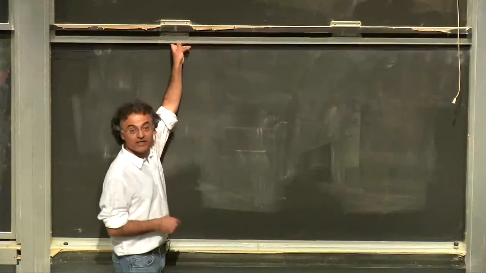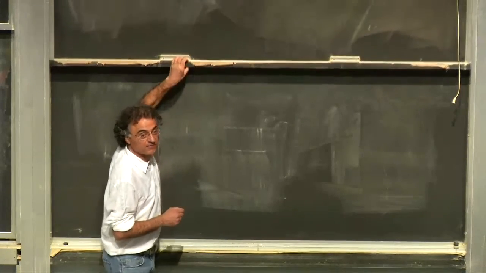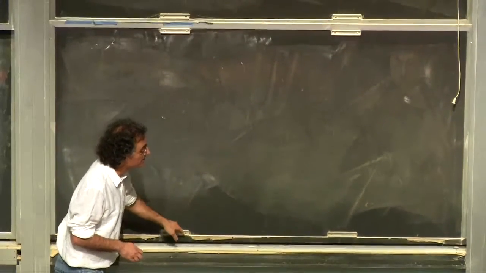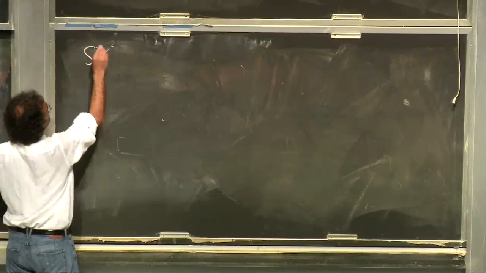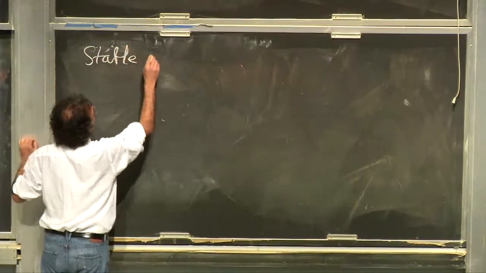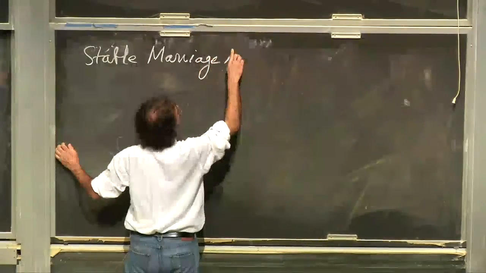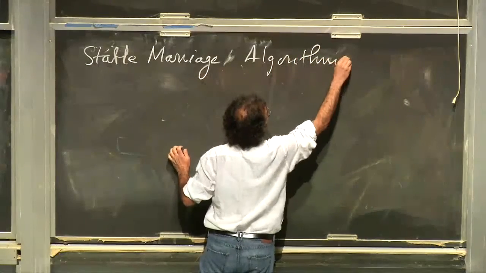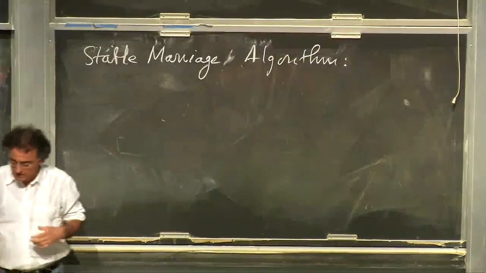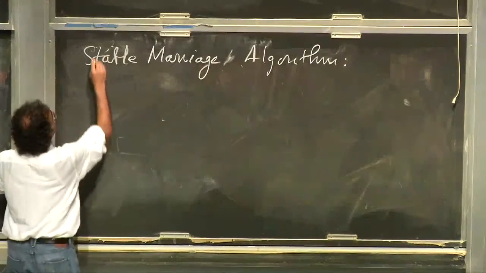What we'll do today is study a particular algorithm for this problem, which we could call the stable marriage algorithm, or, for reasons you'll soon see, some people call it the traditional marriage algorithm.